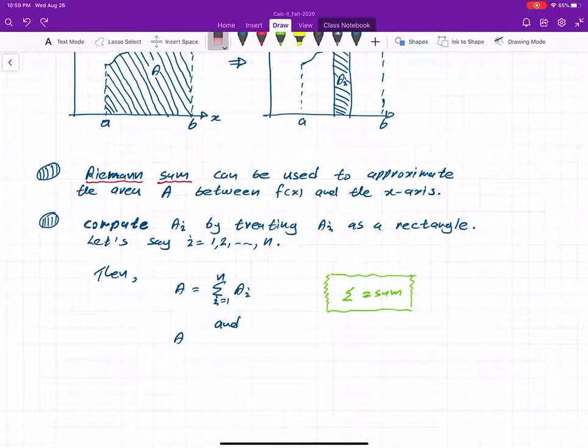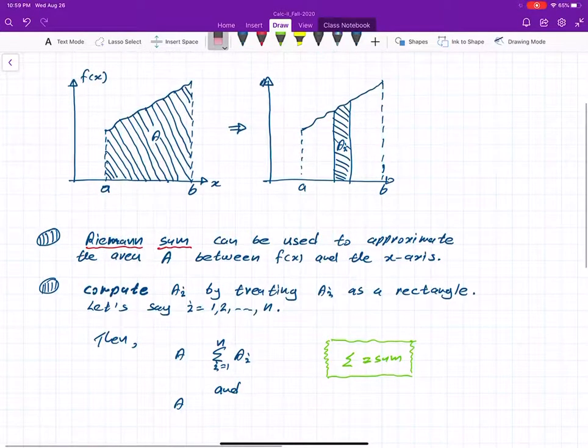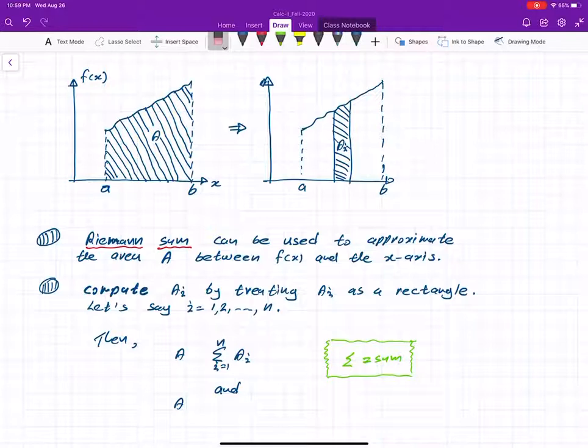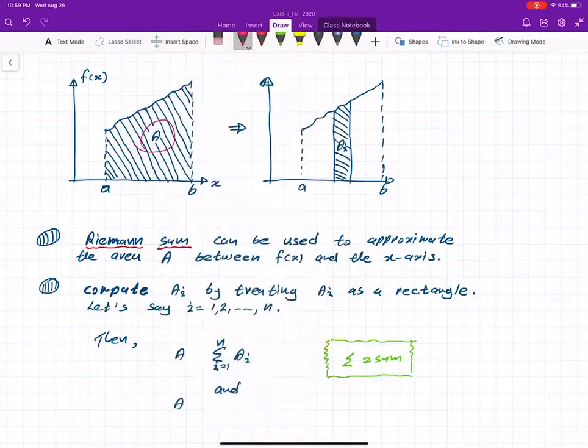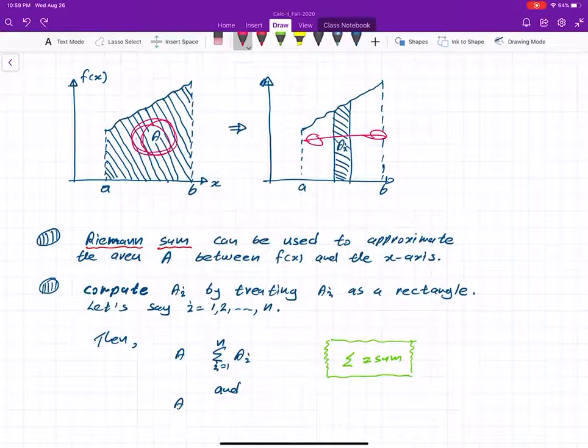When you add these areas of the rectangles, you don't get that area exactly. What you get is an approximation. So let me write that.